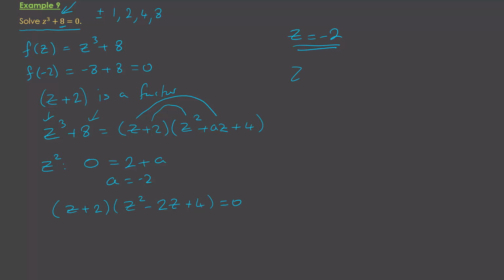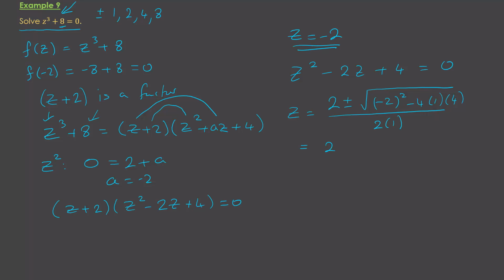The other solutions are going to come from z squared minus 2z plus 4 is equal to 0. Let's use the quadratic formula. z would be 2 plus or minus the square root of negative 2 squared, take away 4 times 1 times 4, all divided by 2 times 1.